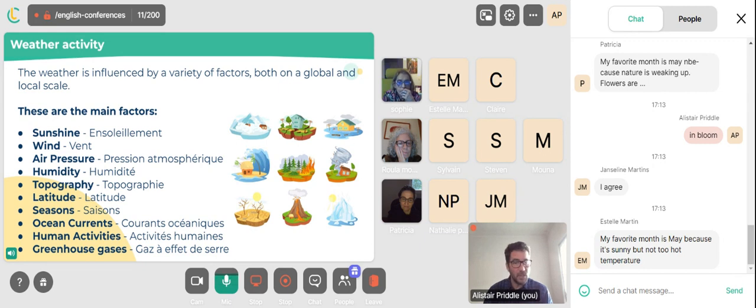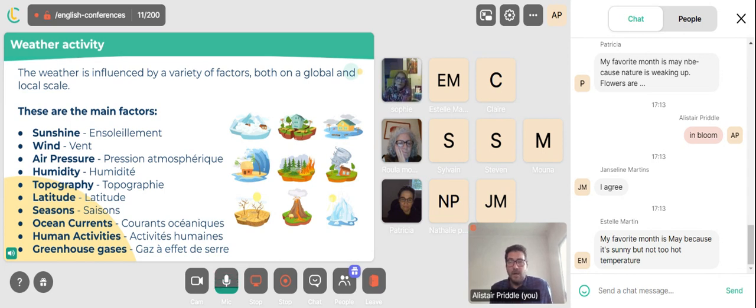Here we go. Sunshine, wind, air pressure, humidity, topography, latitude, seasons, ocean currents, human activities, and greenhouse gases.